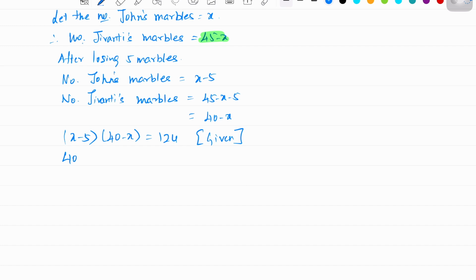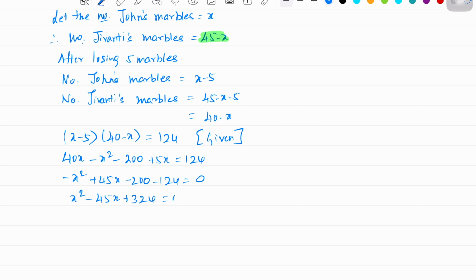This will be 40x minus x squared minus 200 plus 5x equals 124, and we'll bring everything together. So this will be minus x squared plus 45x minus 200 minus 124 equals 0, and if you divide throughout by negative 1, this will be x squared minus 45x plus 324 equals 0.